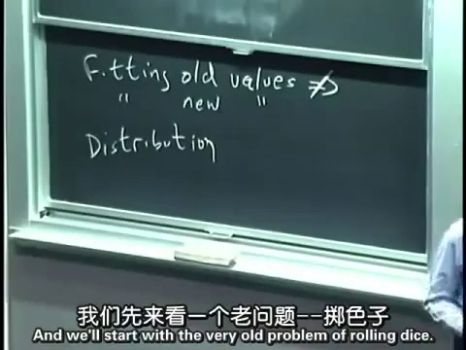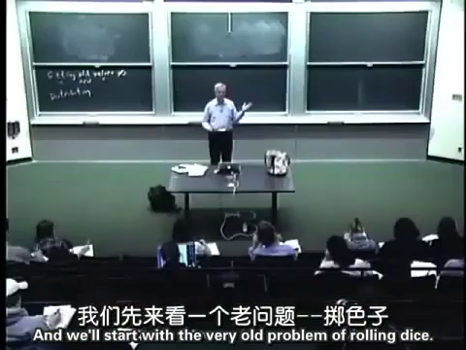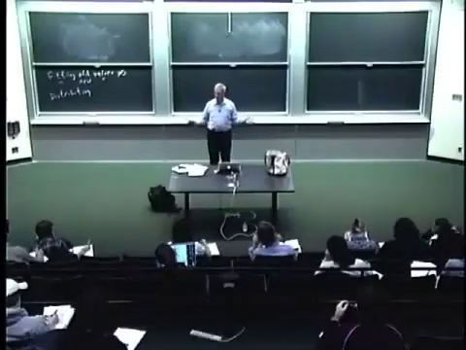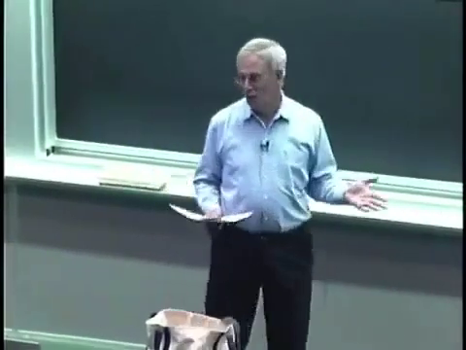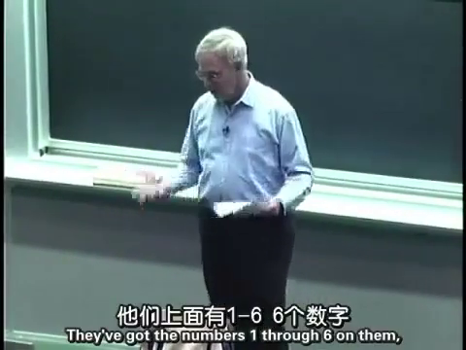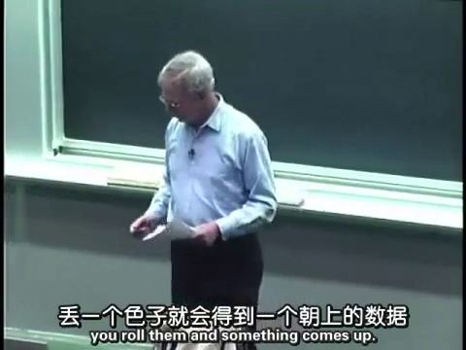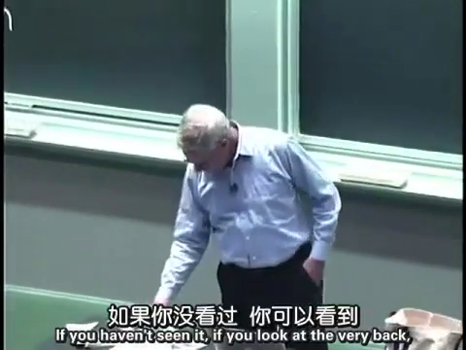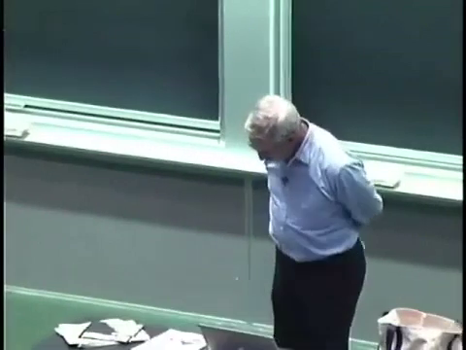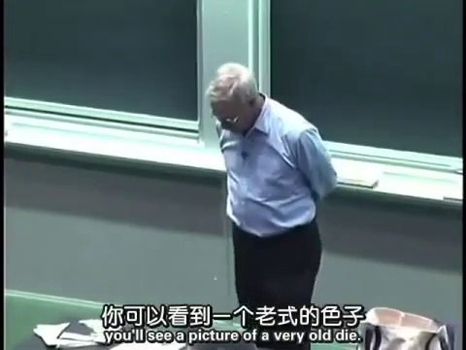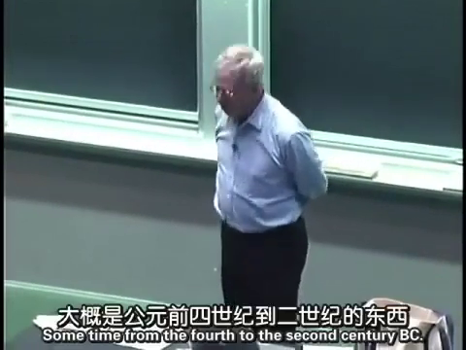And we'll start with the very old problem of rolling dice. I presume you've all seen what a pair of dice look like, right? They've got the numbers 1 through 6 on them. You roll them and something comes up. If you look at the back page of the handout today, you'll see a picture of a very old die, sometime from the 4th to the 2nd century BC.